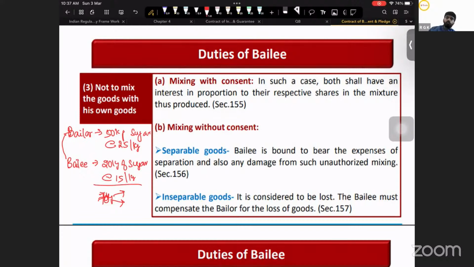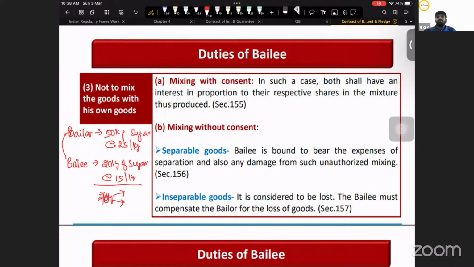That is the loss which bailer suffers. That loss should be compensated by bailee to bailer when the goods are inseparable. On the other hand, suppose rice and tur dal, or something that you can separate, is mixed without the consent of bailer, then it becomes the duty of bailee to separate the goods and also to bear the expense of the separation.